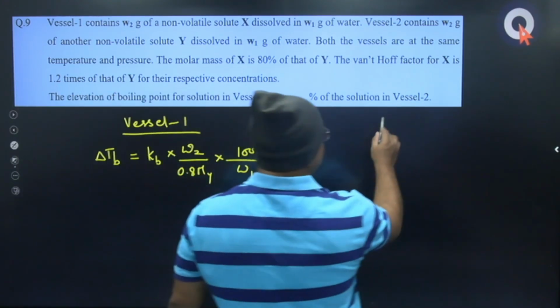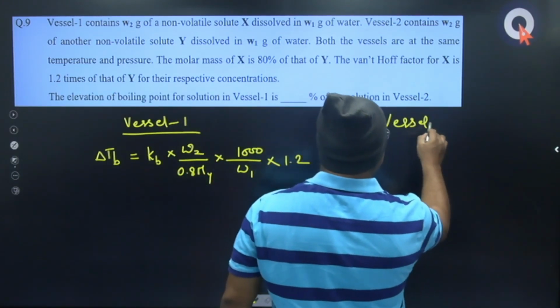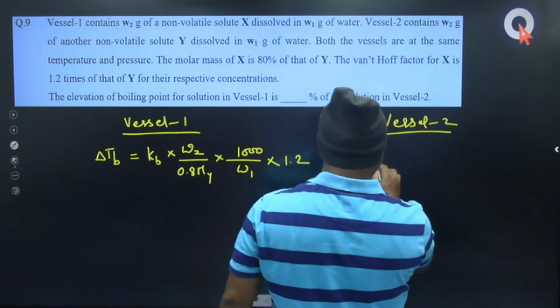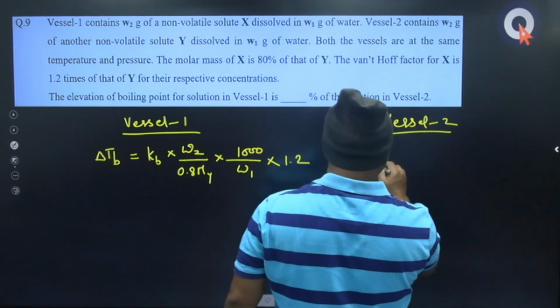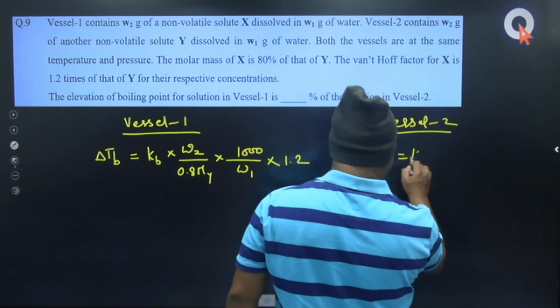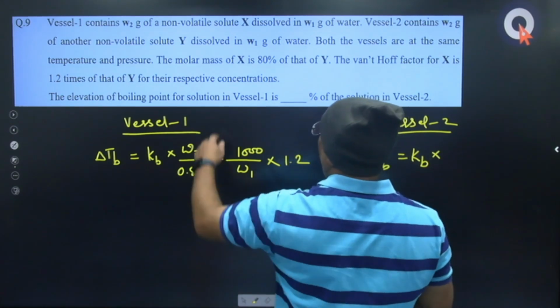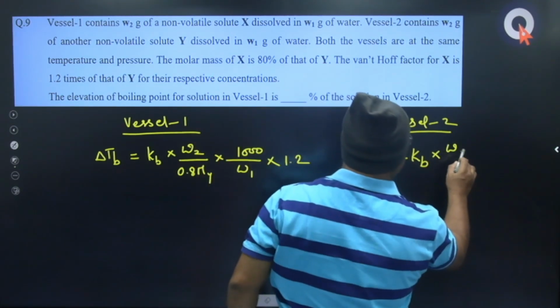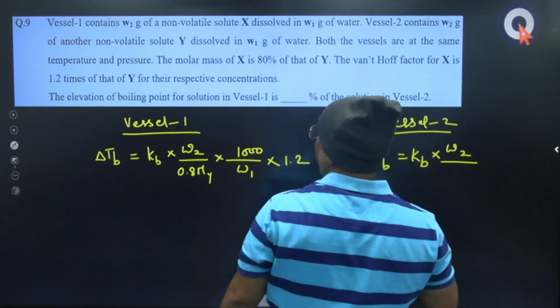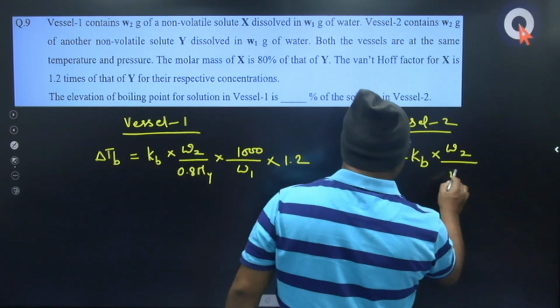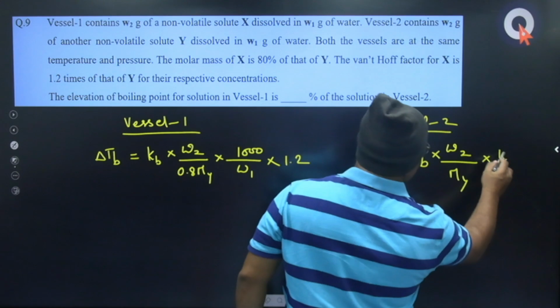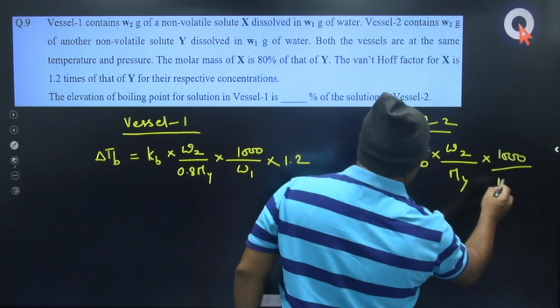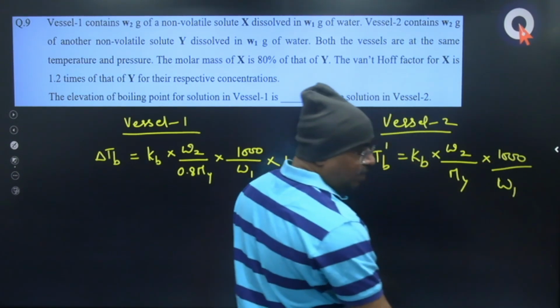So for vessel 2, what is delta TB? Let us say this is delta TB prime, KB into how much weight we have taken? W2 grams by My. This is also W2. My into 1000 by W1, weight of solvent, into 1.